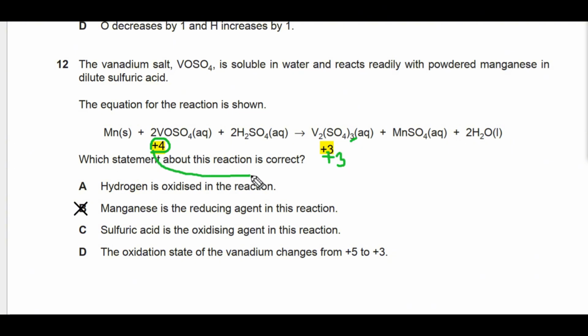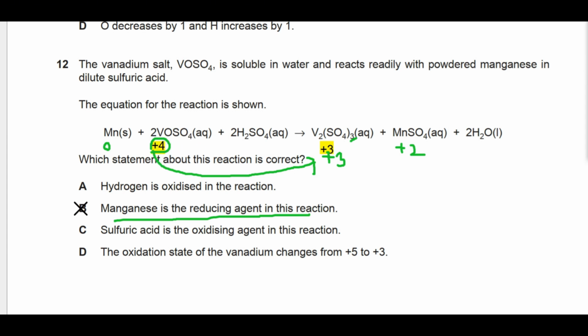Vanadium oxidation number decreases, and manganese here is 0, here plus 2. So manganese reduces vanadium plus 4 to plus 3 but itself oxidizes 0 to plus 2. So manganese works as the reducing agent in this reaction.